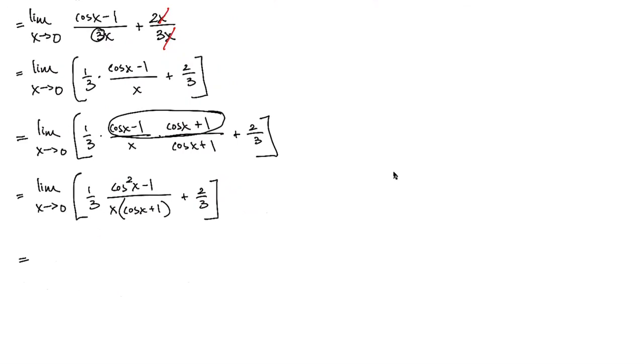Now, what I can do with this cosine squared x minus 1 is replace it with sine squared. So I'm going to take sine squared and replace my cosine squared minus 1.